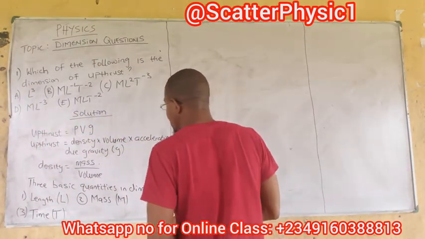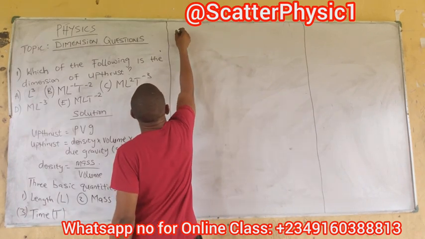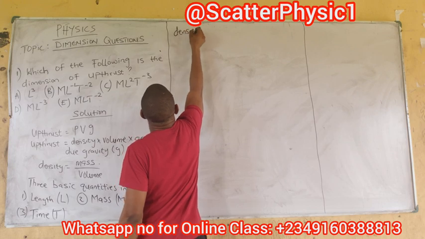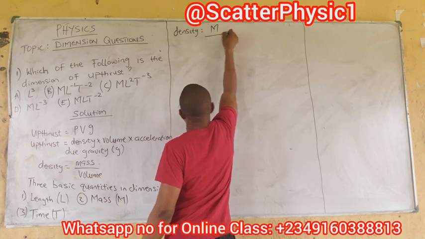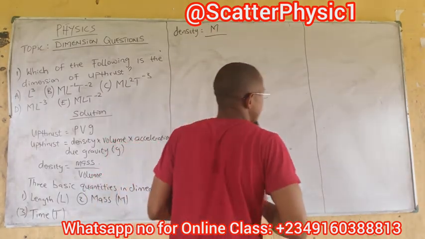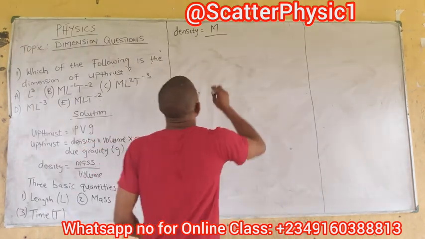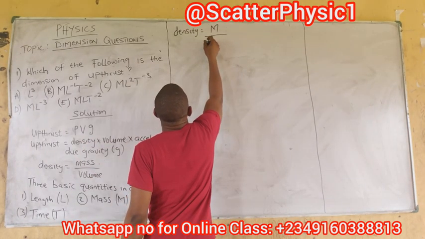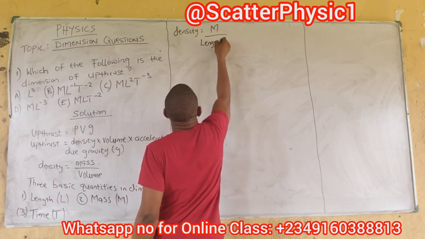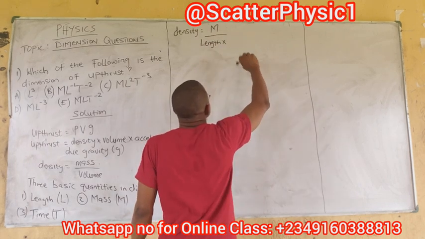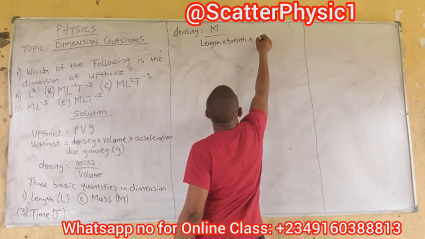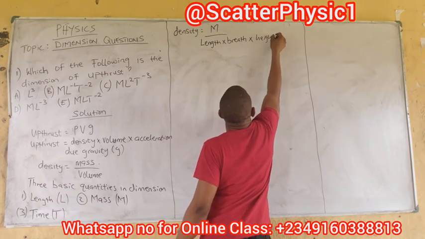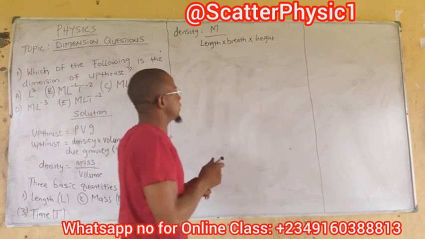Density: mass, we have it as M, over volume. Volume is length times breadth times height.